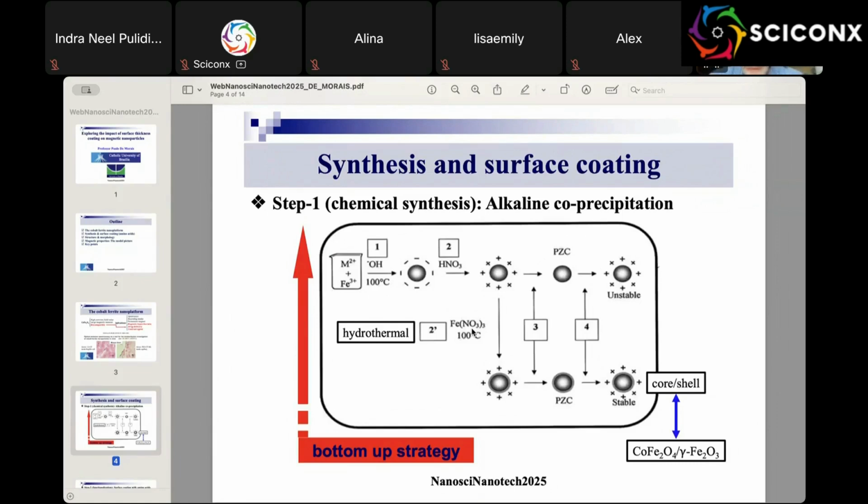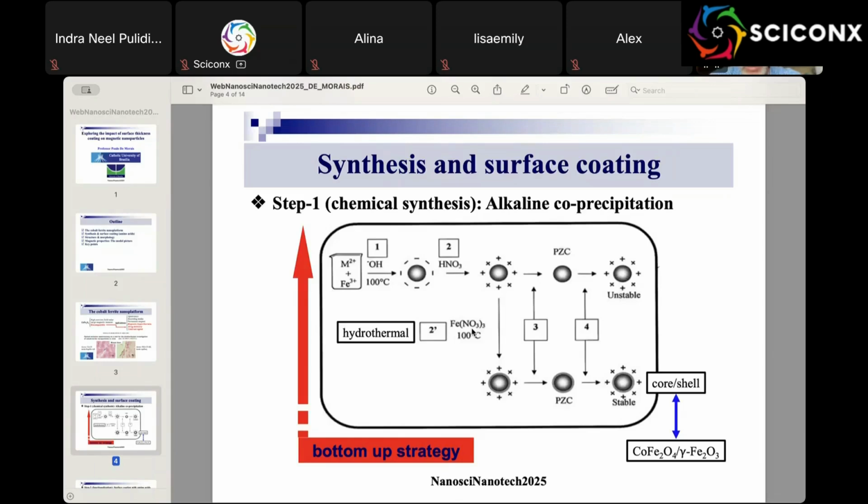In step two, we add some acid, for instance nitric acid, and then we cross from negative to positive surface charge density. So you may manipulate the system, going through the point of zero charge, or from the positive surface charge nanoparticles.